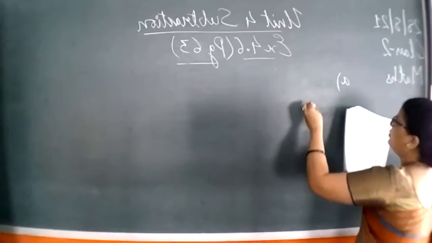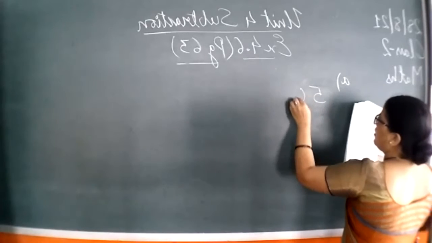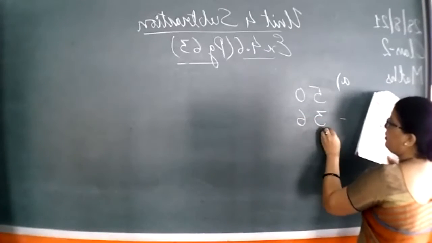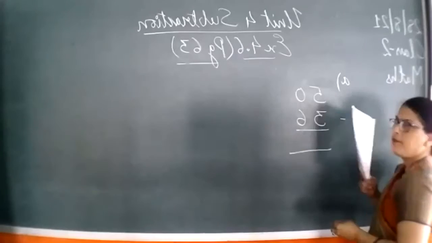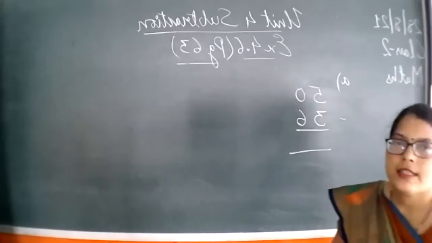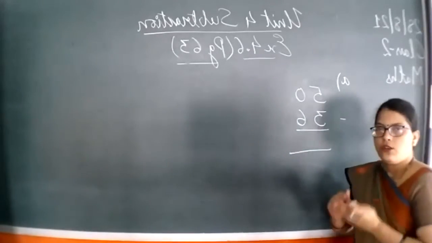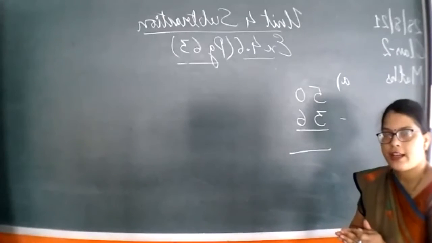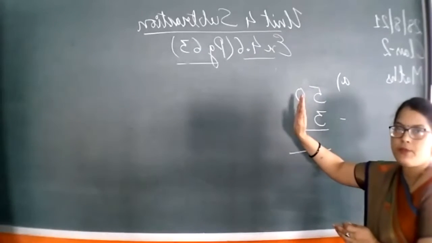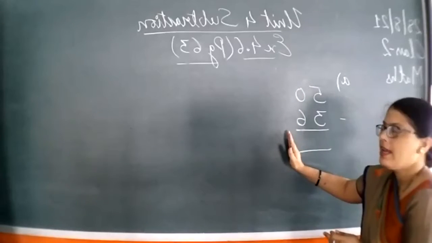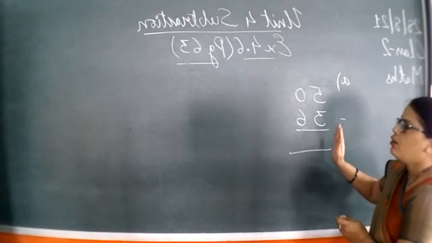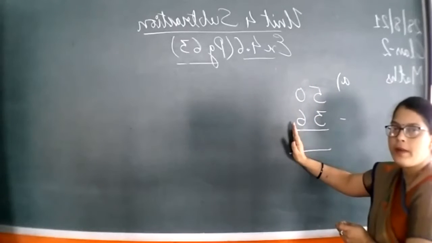First question is 50 minus 36. First we subtract which place? Ones place. First we subtract the ones place and then the tens place.